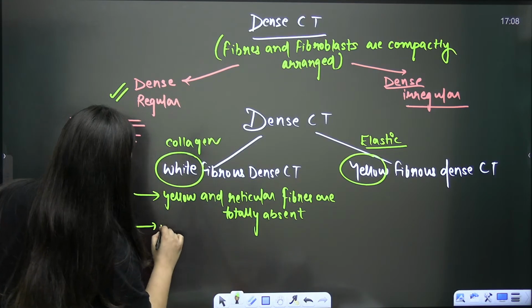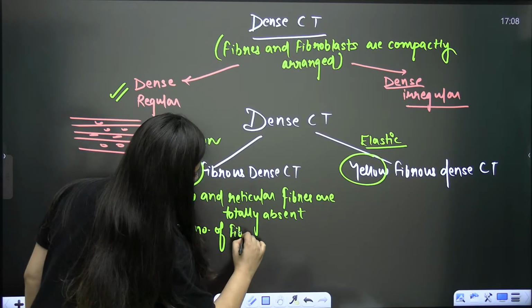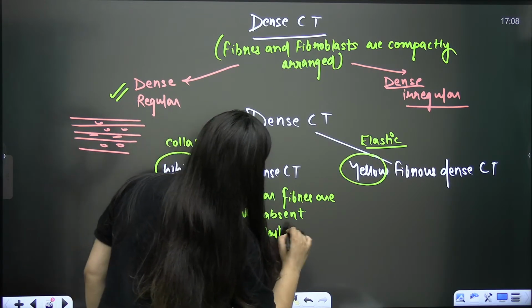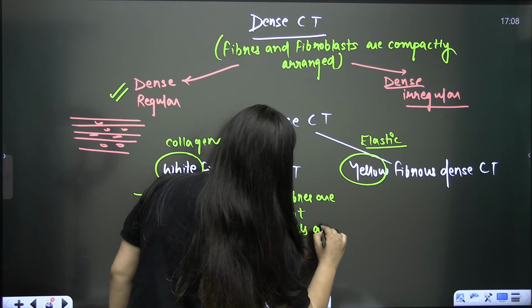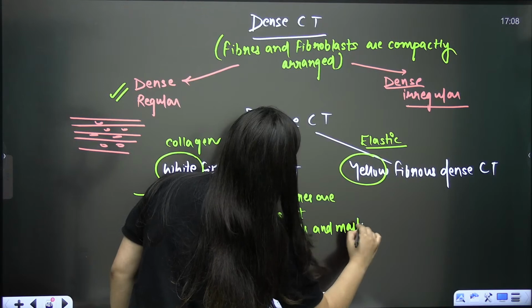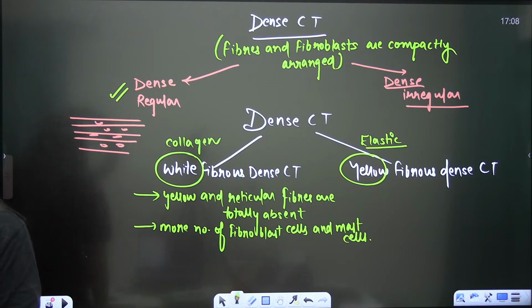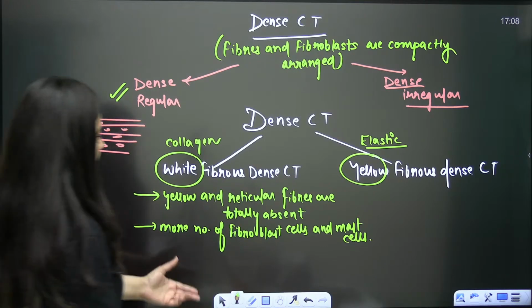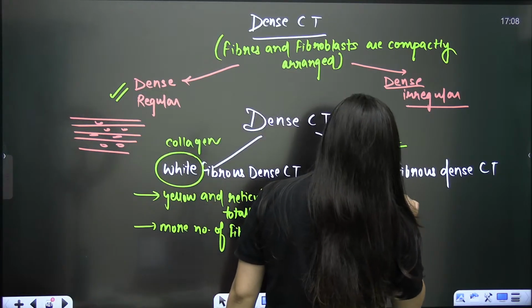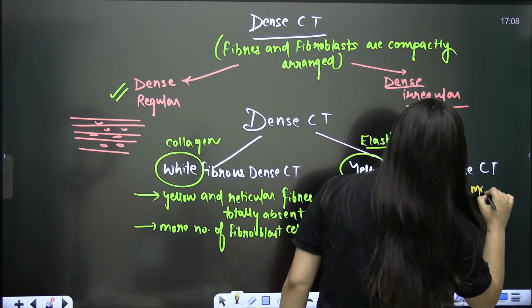And here you will see more fibroblast cells and mast cells. And when it is the yellow fibrous, obviously yellow fibers will be more in quantity.